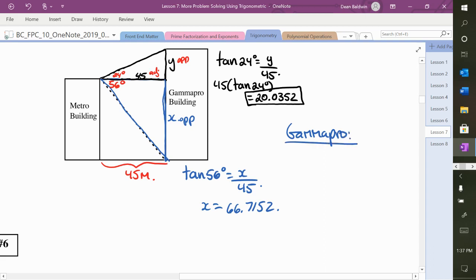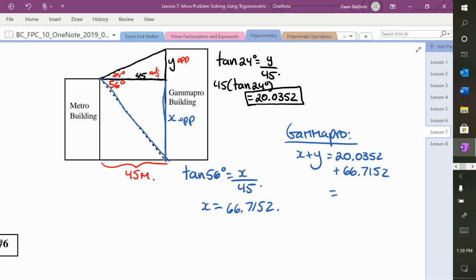We figured x, we figured y. 86.7504, which rounds to 87 meters.